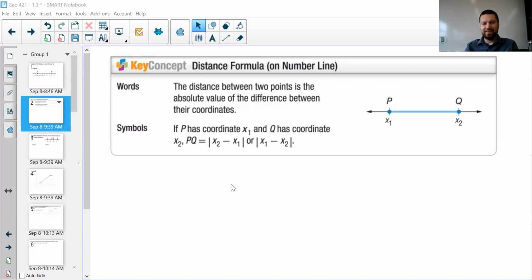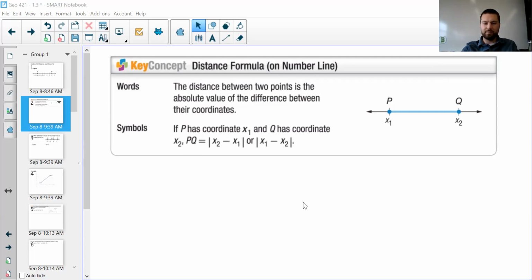It is a length, it is an amount, and it usually, like 99% of the time, is positive, okay? So distance, you want to think of it as a positive number. So that's why they're doing absolute value. It doesn't matter if you start with x1 or x2. Distance is going to be positive, okay?